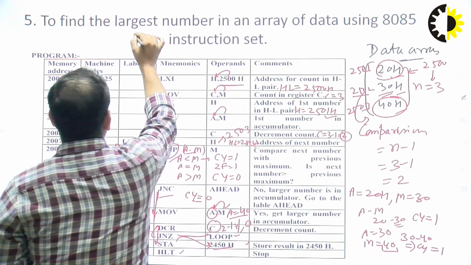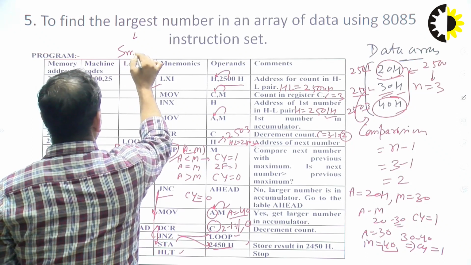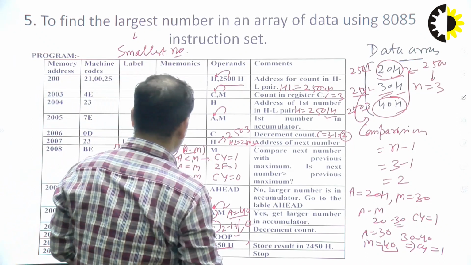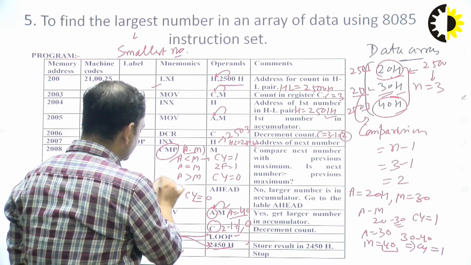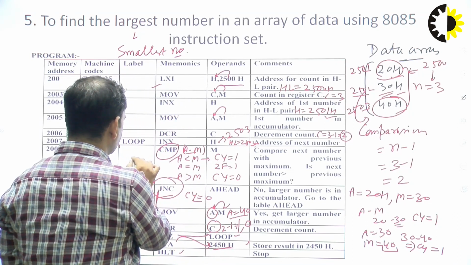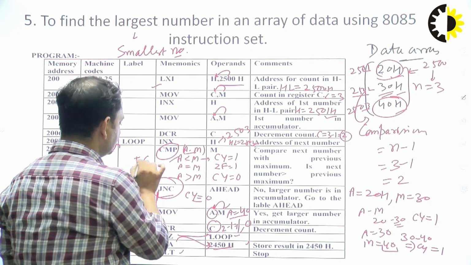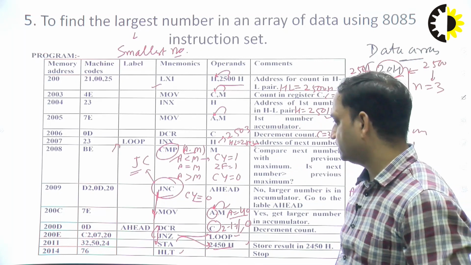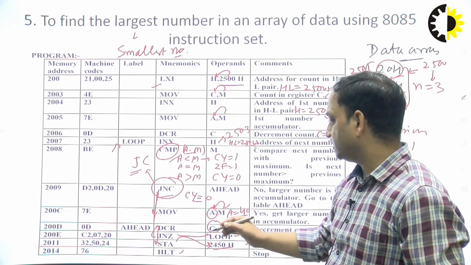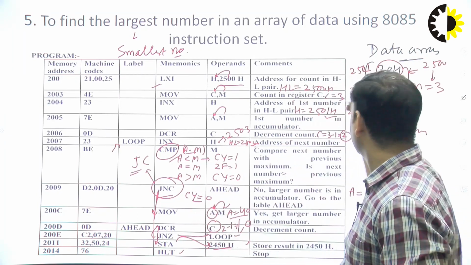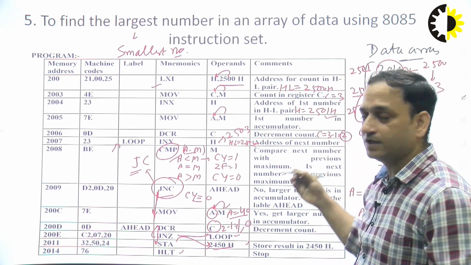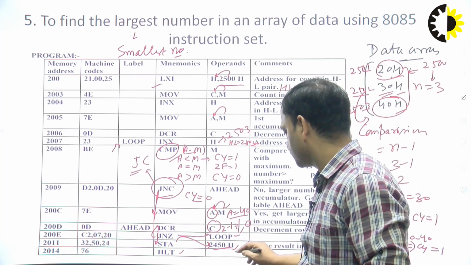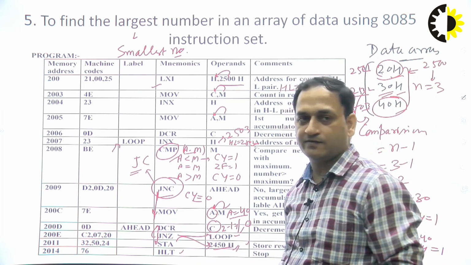Suppose we want the smallest number. What will we do? There is nothing much to do; just use the JC instruction for this case. By using this instruction, when we compare, only the smallest number will come out as the result, and it will be stored into the particular memory location, which we have to give.